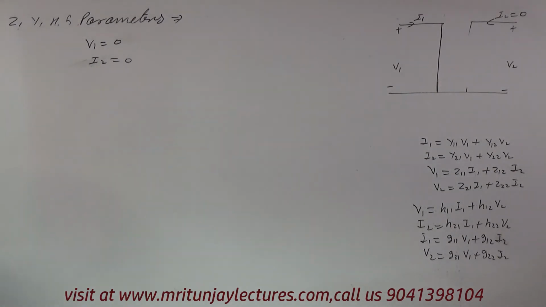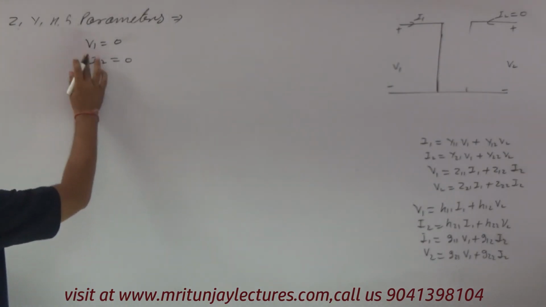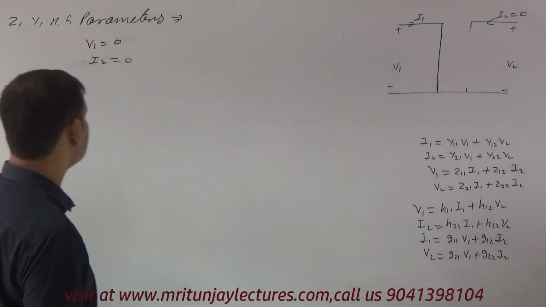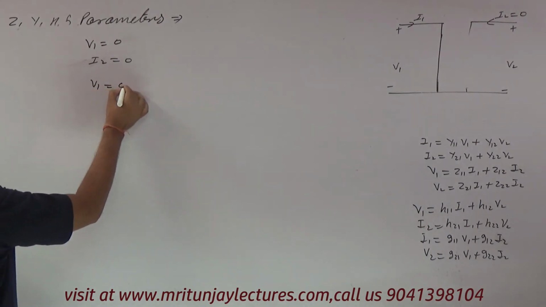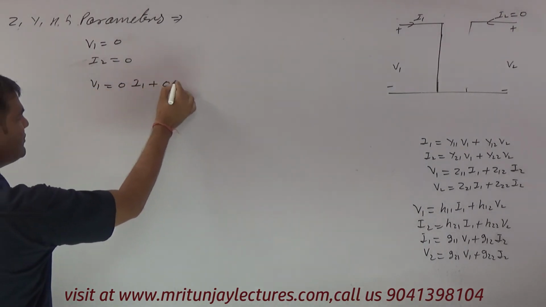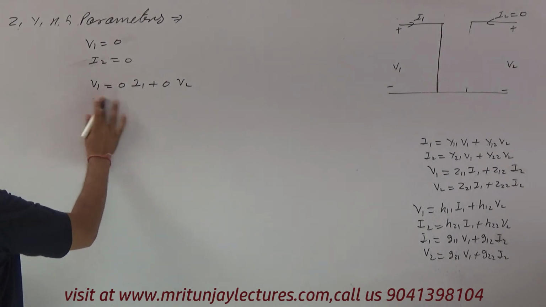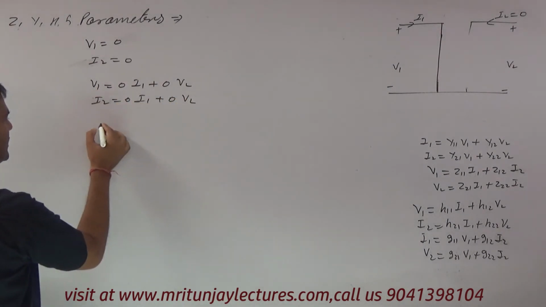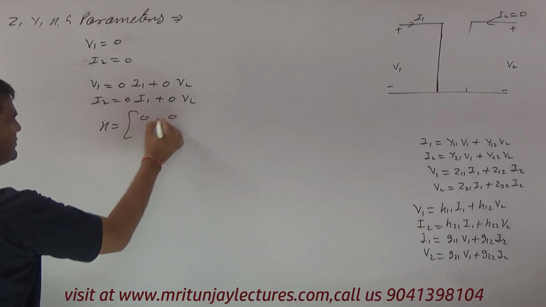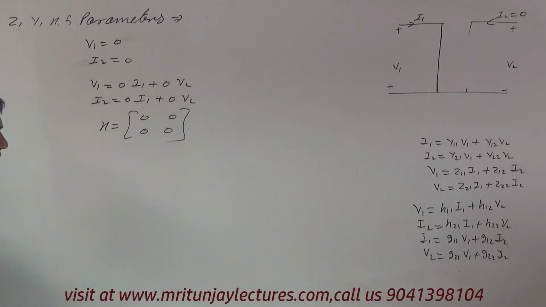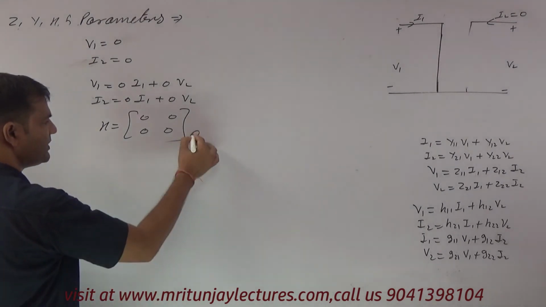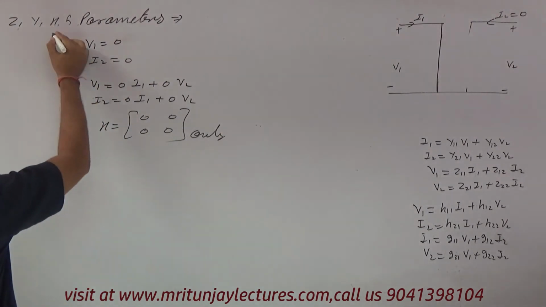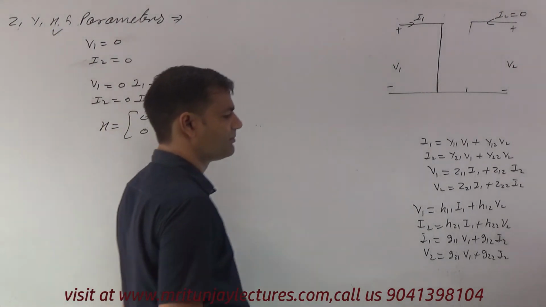So what is the value of V1 and I2? It means H parameters exist. V1 is equal to 0 into I1 plus 0 into V2 and I2 is equal to 0 into I1 plus 0 into V2. So the H parameter is 0, 0, 0, 0. So only H parameters exist. Again G does not exist. Clear?